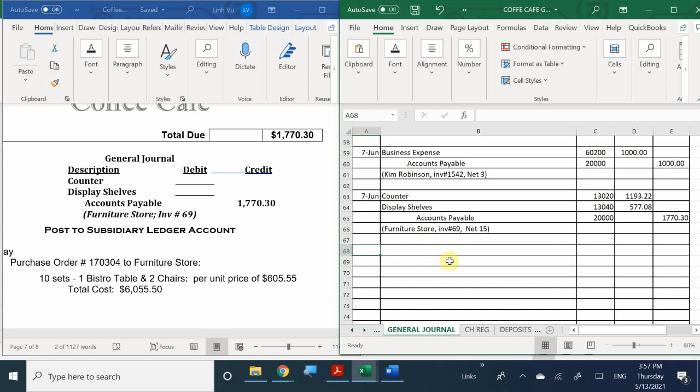So once again, we don't need to journalize it, because we're just ordering it. No transaction has happened. No payment was sent out, and no bill was received. We didn't even receive the items either. So in this case, that's all we need. It's a non-posting transaction.